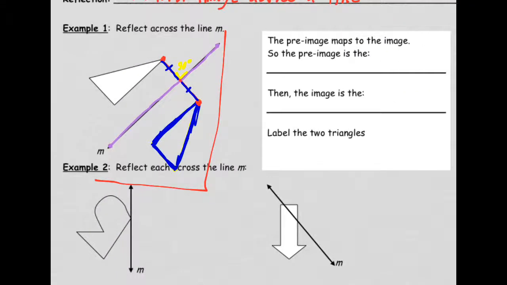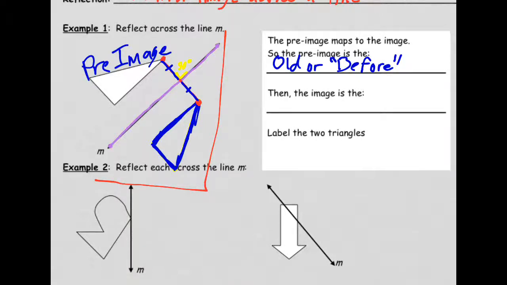All right. Also, it says the pre-image maps to the image. All that means is that we start with the pre-image and then we create an image. So the pre-image is the old, it's the before. So the one we started with is the pre-image. If you're looking at a mirror, your face is the pre-image. Exactly.